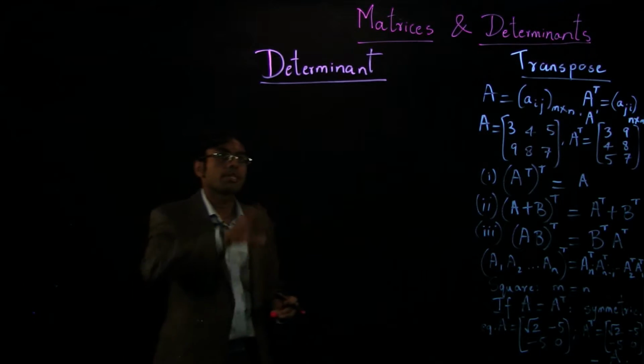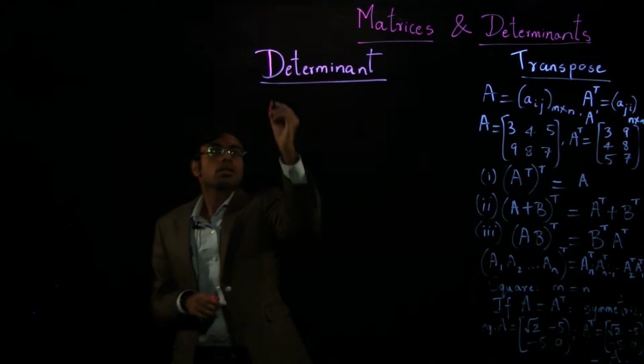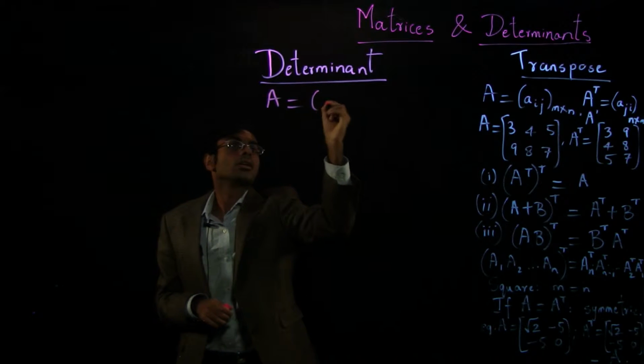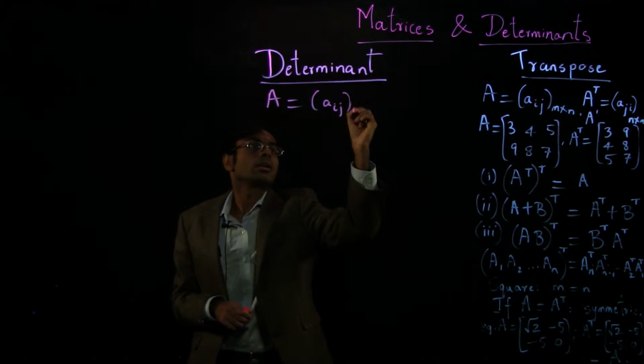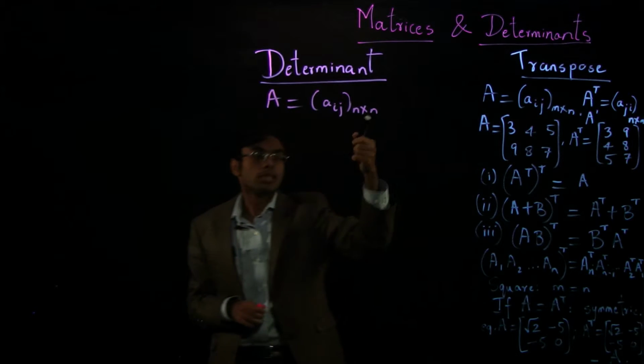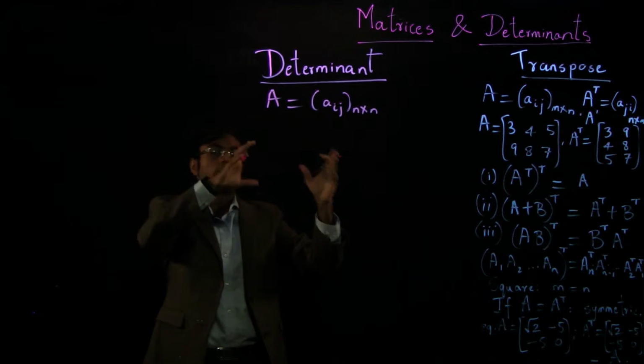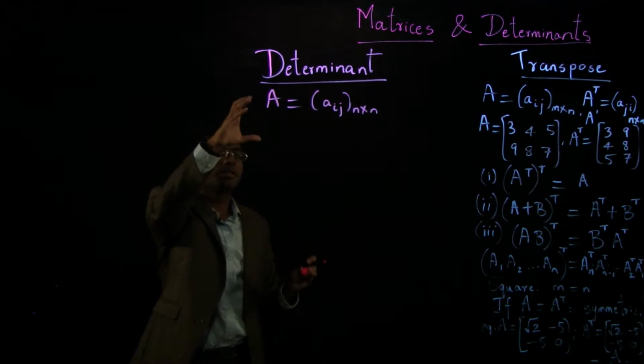But then for a special class of matrices, called square matrices, if A equals Aij, n by n, or this general matrix where m equals n, then you have a value of that matrix which can be determined.